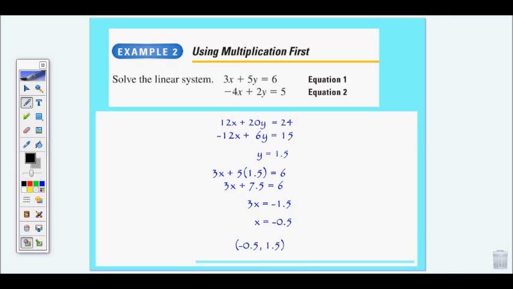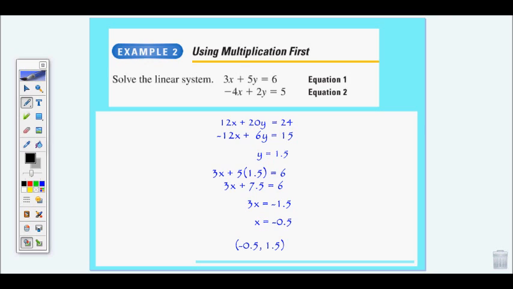So to example 2. Again, you want to line up your equations in column form. So you want your x's to be together, your y's to be together, and your constant terms to be together. This time, I cannot eliminate just by combining the two equations.